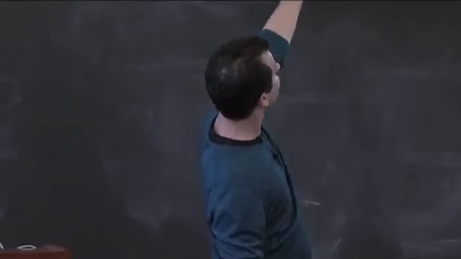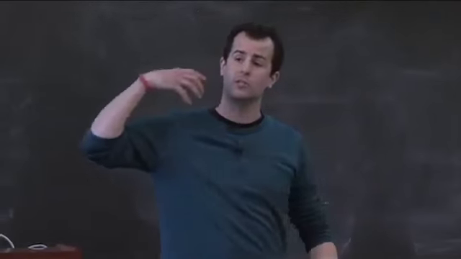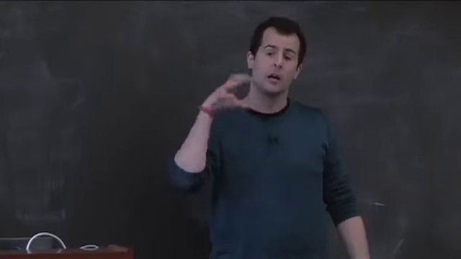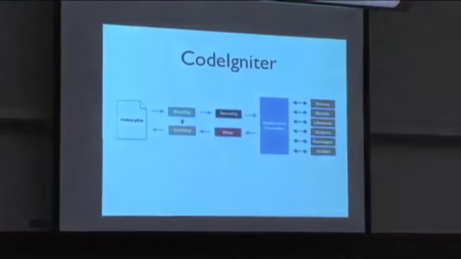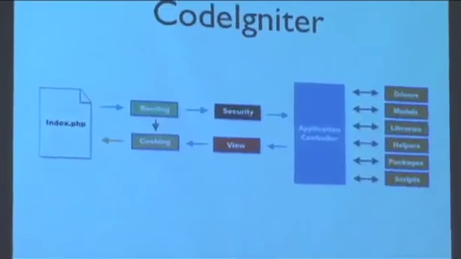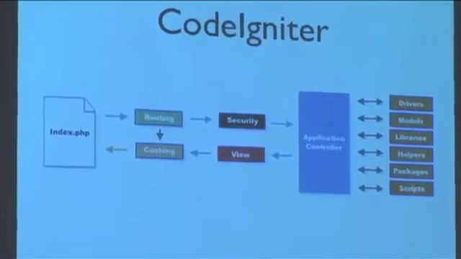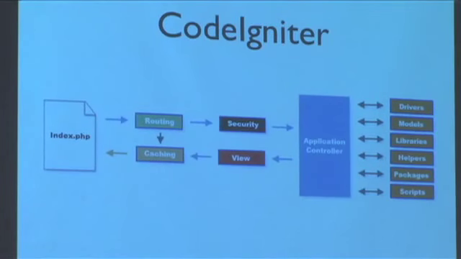But what's interesting about CodeIgniter is when an HTTP request, whether GET or POST or something else, comes into that index.php file, there's logic in there and in related files that figures out how to route that request to the appropriate controller. And the simplest way that CodeIgniter does this is just by looking at the URL itself.